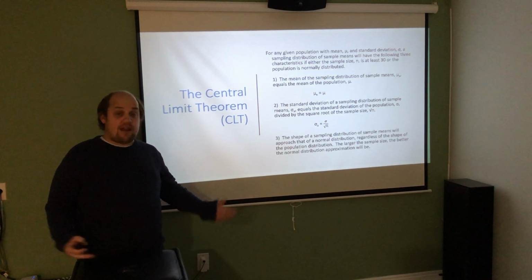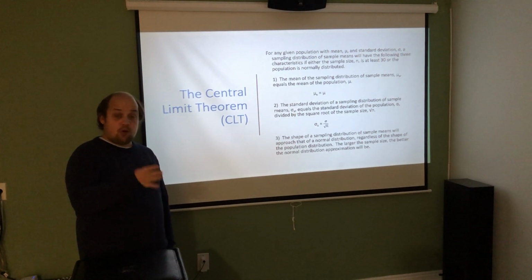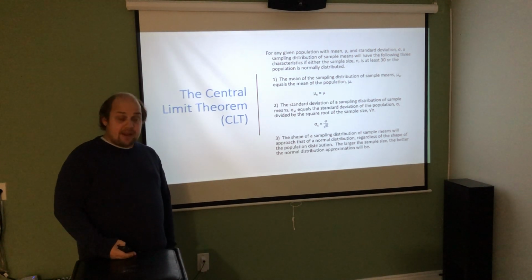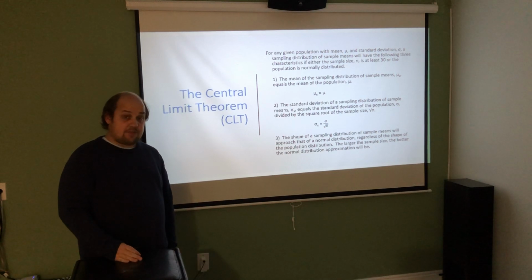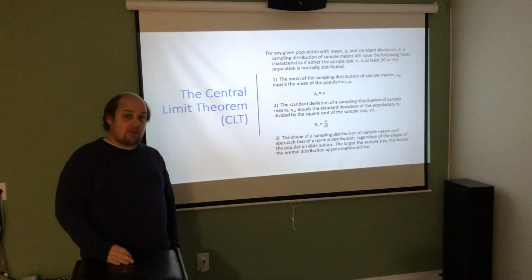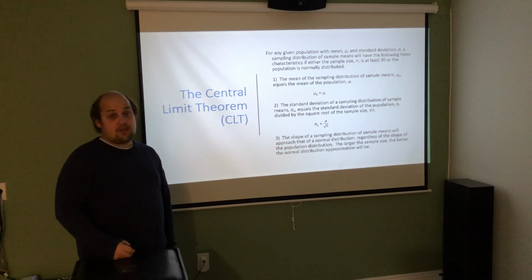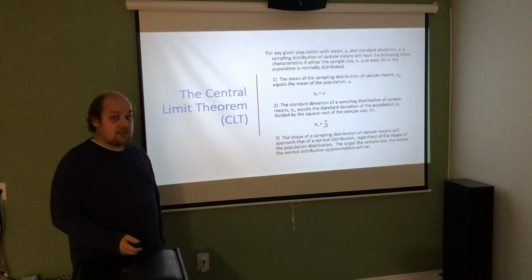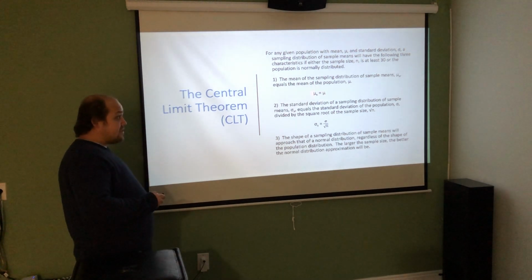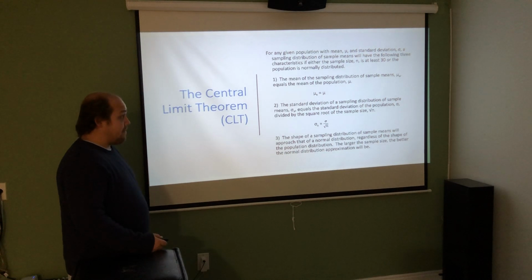You'd still rather have a larger sample size, it would make it more closely fit the table, but basically once we hit 30 observations, it doesn't matter if it was normal to begin with, we now say we can use the normal table, as long as we use the mean based on what the original mean of the underlying population was.